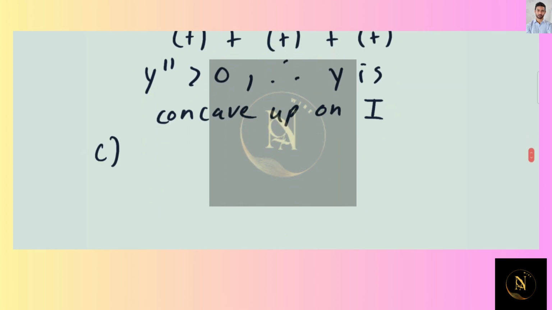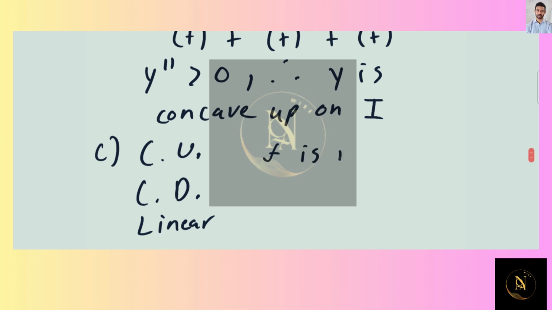And now for part C, we're told that f is increasing and g is decreasing. And we want to give some examples where we would be concave up, concave down, and linear.